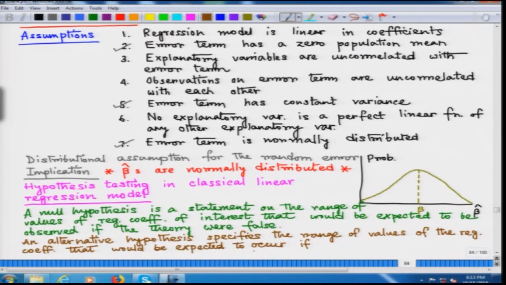It implies that the theory were indeed correct.